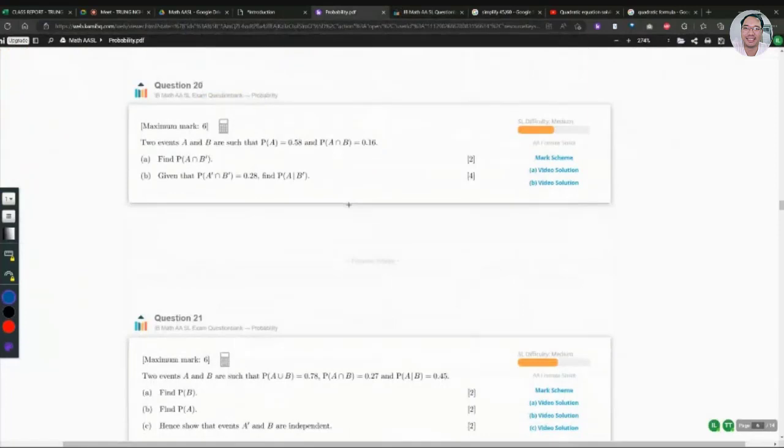Question 20. A is 0.58 and A and B is 0.16. A and not B, simply subtract the two numbers, the bigger one subtract the smaller one.